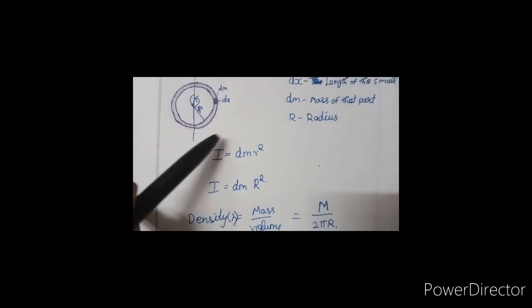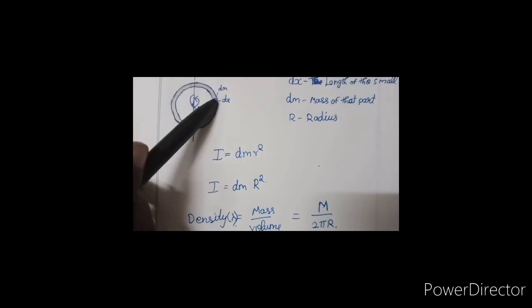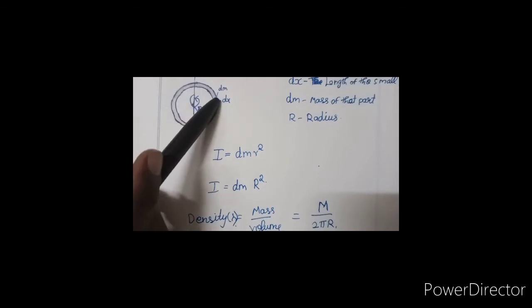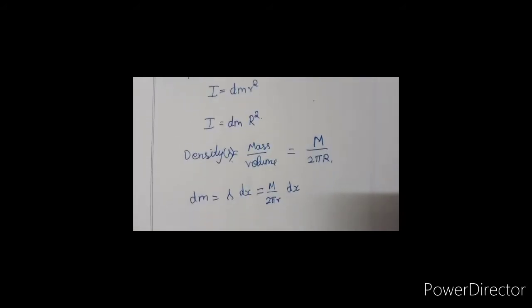The length of this ring, going from 0 to 360 degrees, is 2 pi r. When we substitute lambda, the mass of the small part is equal to lambda dx, and lambda is already mentioned as mass by 2 pi r, so dm is mass by 2 pi r into dx.